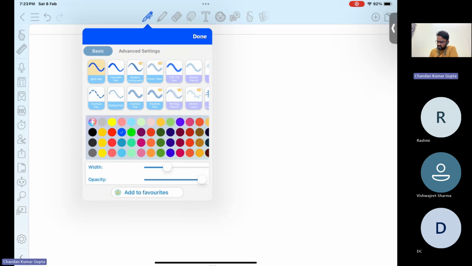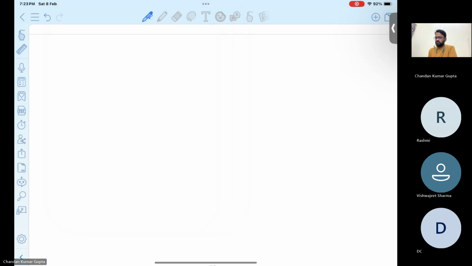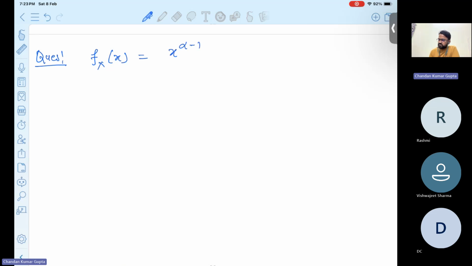now the next question is like, okay, it's a lengthy question actually. We are given the PDF as x to the power alpha minus 1, 1 minus x to the power beta minus 1, and this is beta function with parameter alpha beta.